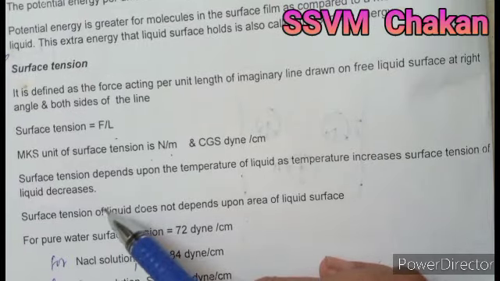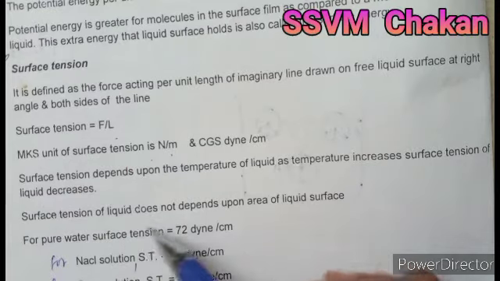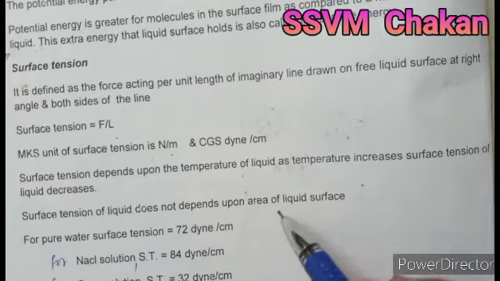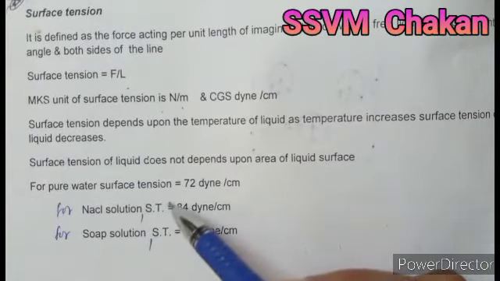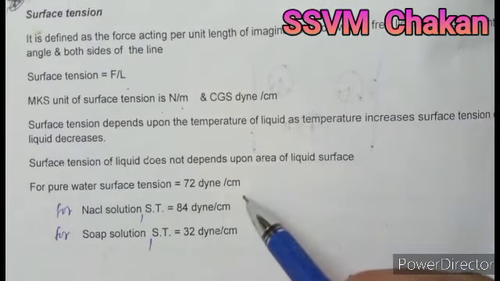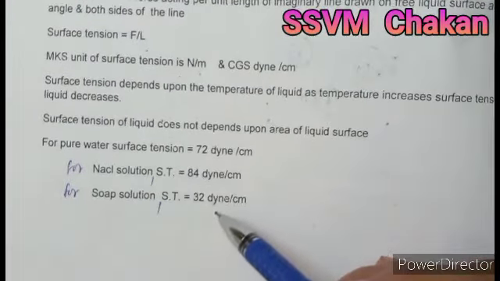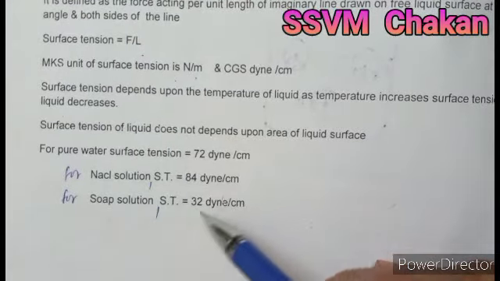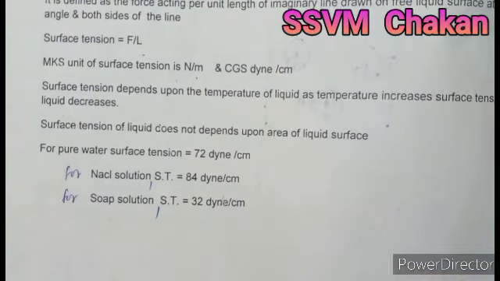It means there is an inverse proportion between surface tension and temperature. Surface tension of liquid does not depend upon the area of liquid surface. For pure water, surface tension is 72 dyne per centimeter. For NaCl solution, surface tension is around 84 dyne per centimeter, and for soap solution, surface tension is 32 dyne per centimeter.